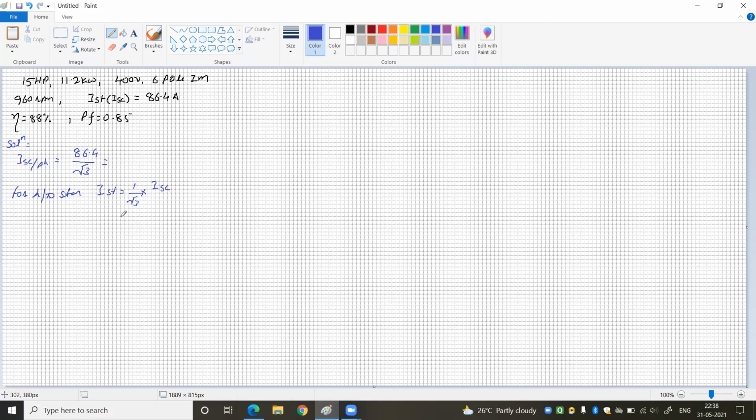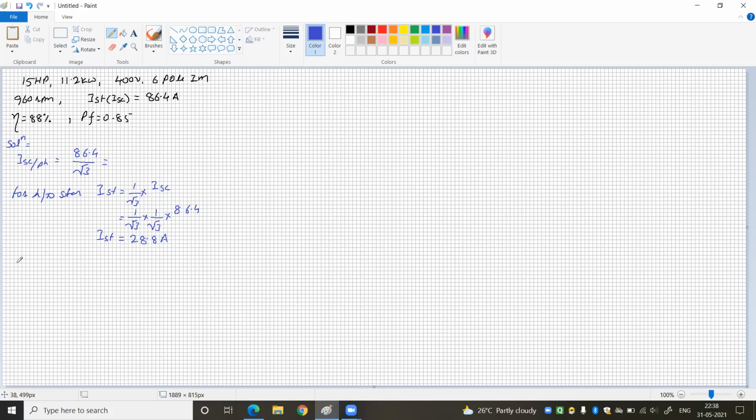So here it is 1 upon √3 multiplied by 1 upon √3 into 86.4. So the current IST by star delta starter is 28.8 ampere.